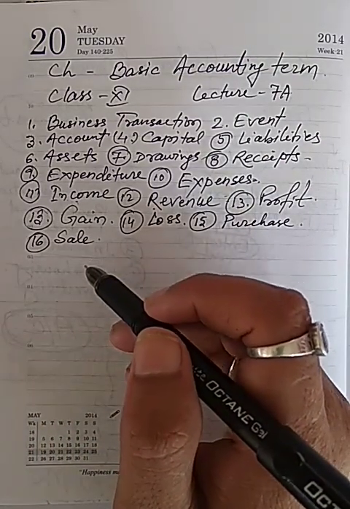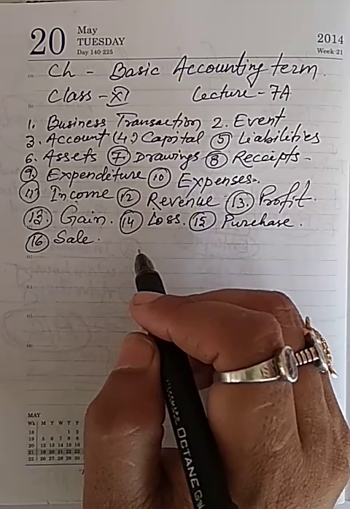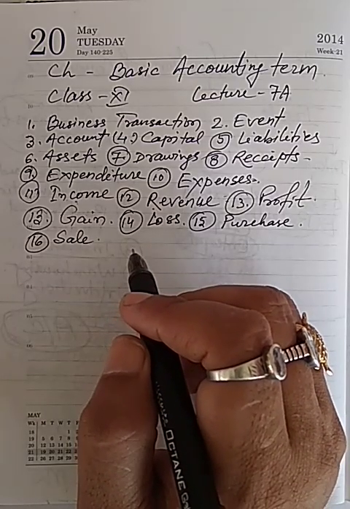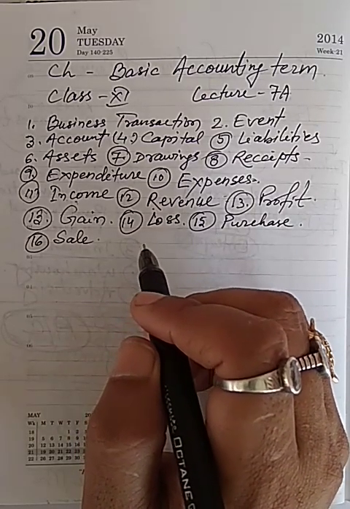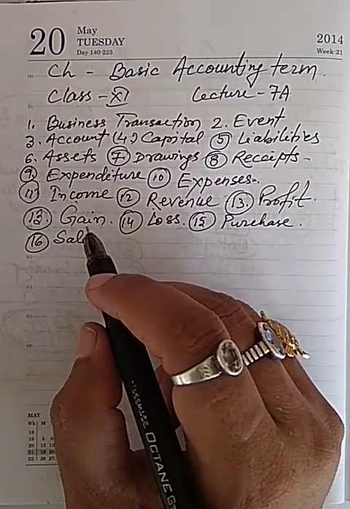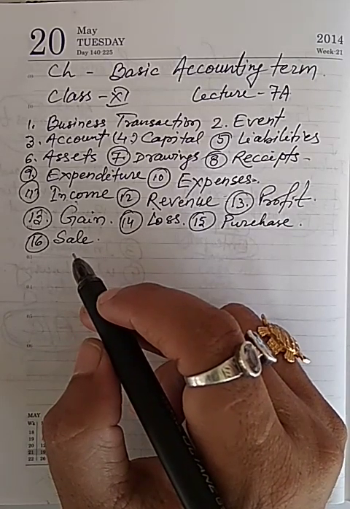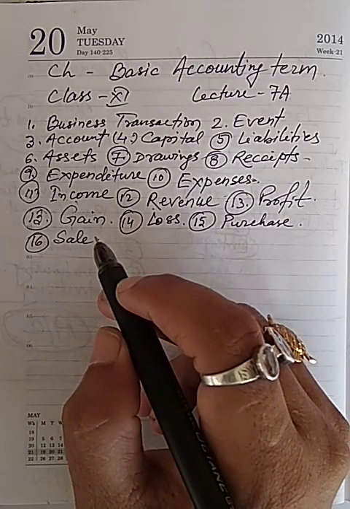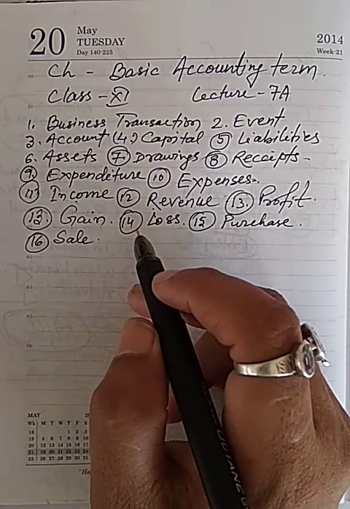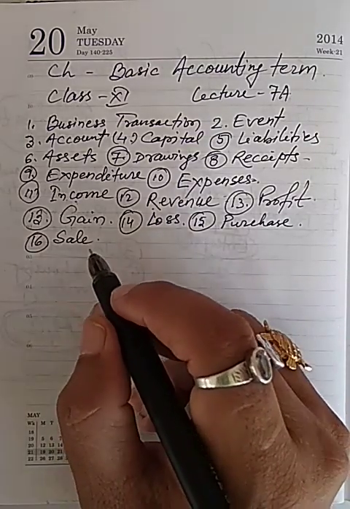Sales means transfer of ownership of goods or service to customer for a price. For example, if Ram sells a computer to Shyam, the ownership of the computer will be transferred from Ram to Shyam, and Ram is entitled to receive the agreed price of the computer from Shyam.